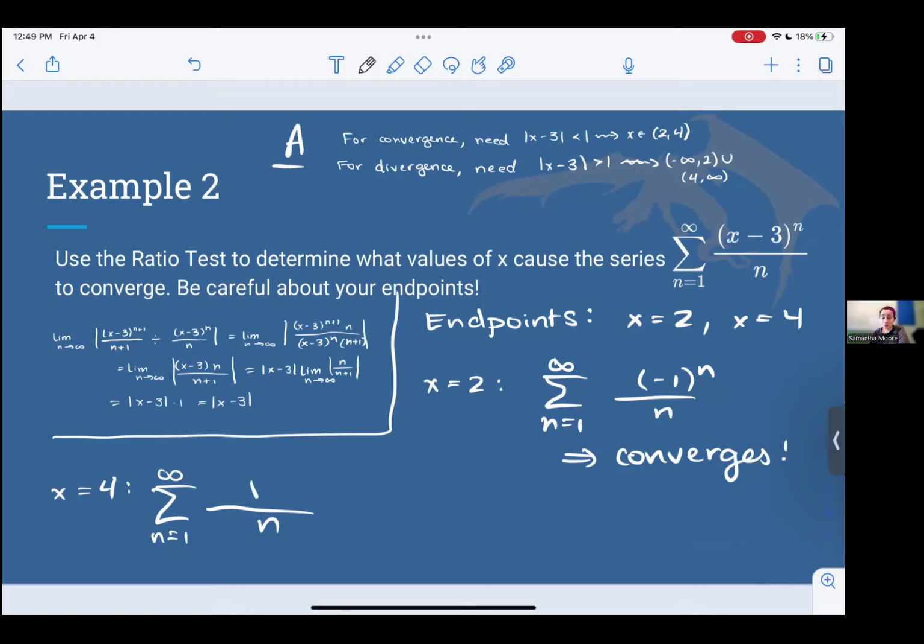And we know this is the regular harmonic series, and it diverges. So it's a p series with p less than or equal to 1. And so, okay, x equals 2 converges, and x equals 4 diverges.